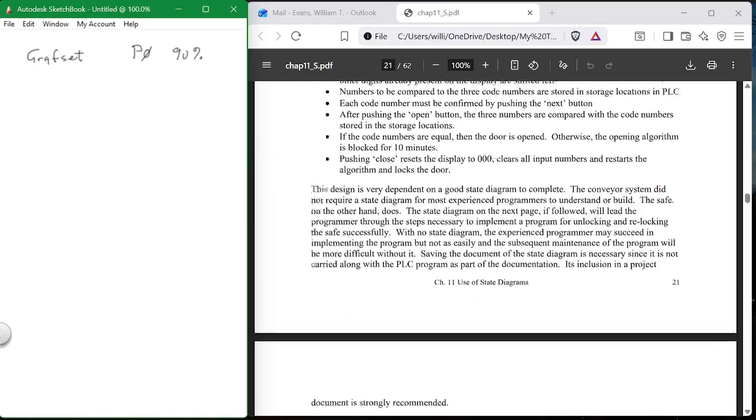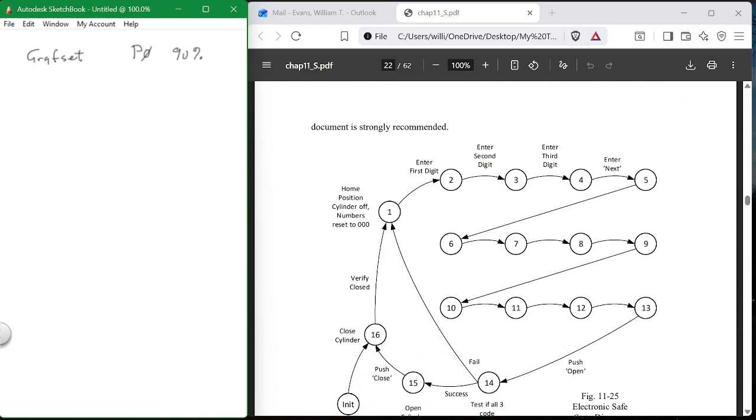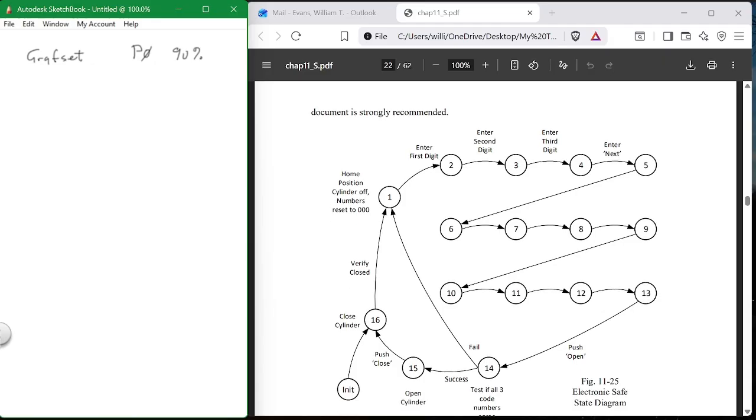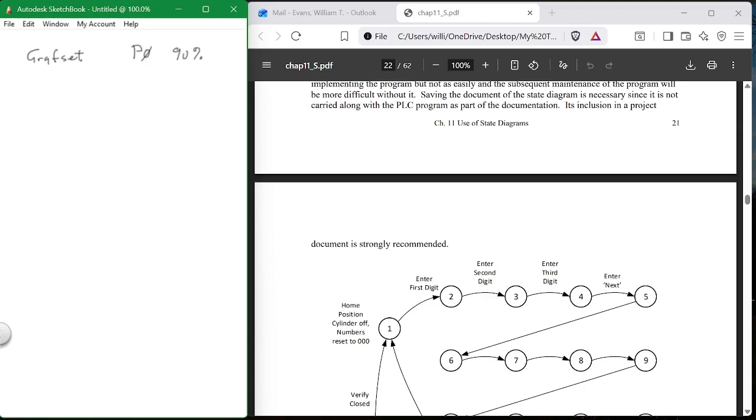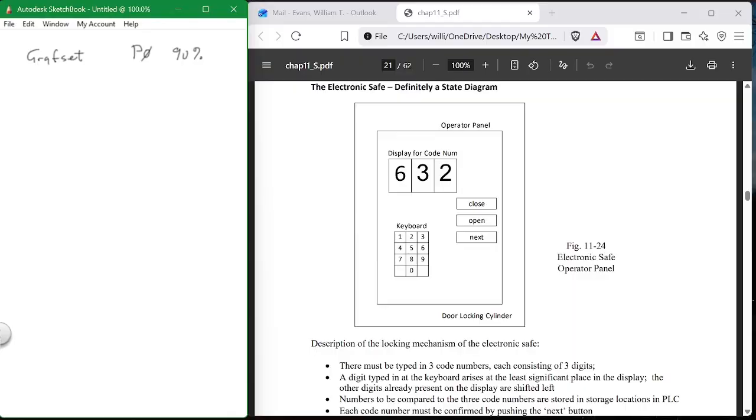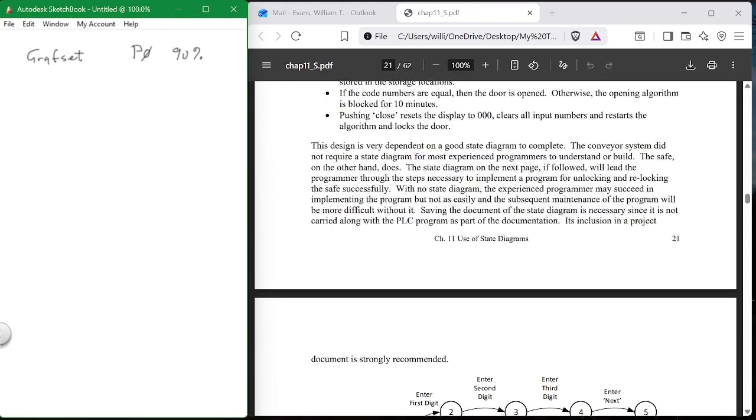In order to do that, you have to go through a fairly sophisticated state diagram. You've got to punch these numbers in order. Number, number, number, enter, number, number, number, enter, number, number, number, enter, and then you open it. And if it works, it opens. If it doesn't, you have to go back and start over again. So this is a fairly sophisticated state diagram. That's typical state diagram type stuff, okay?